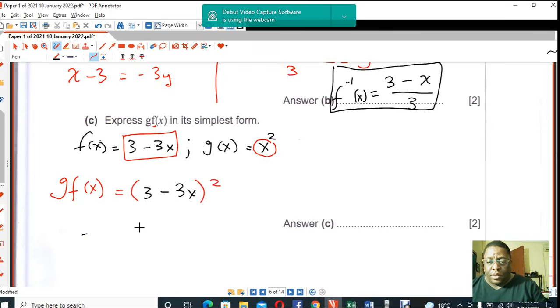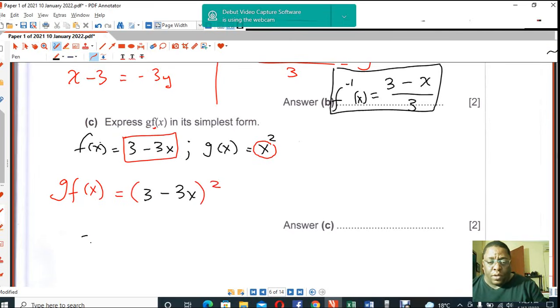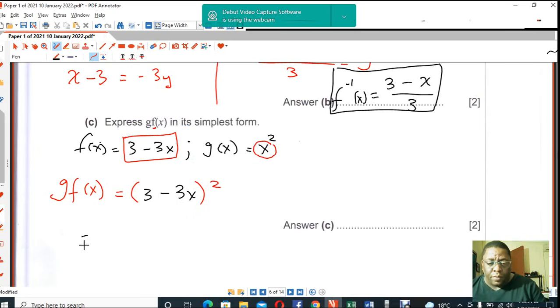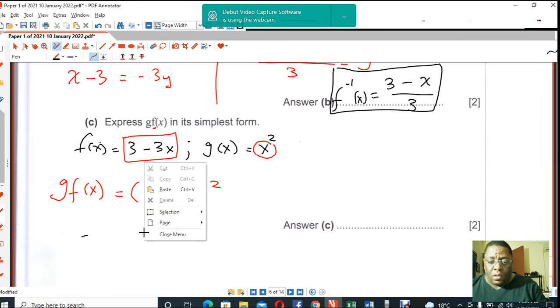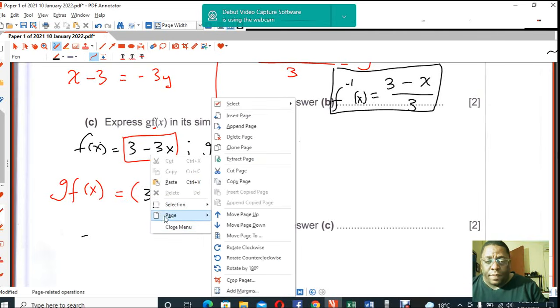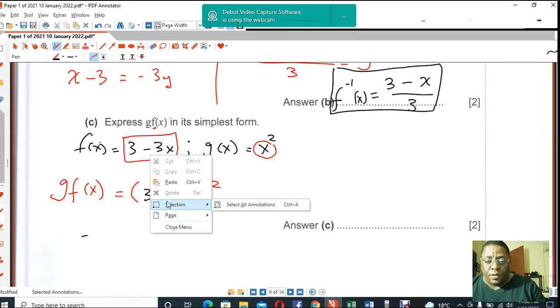Let's just get this correct. So I'm going to close that menu and go back to our pen. I'm figuring out the technology here.